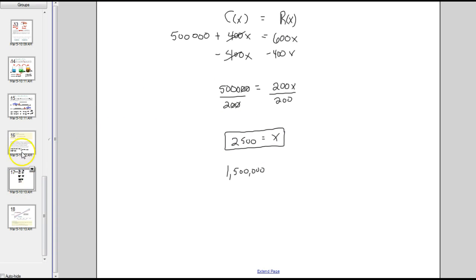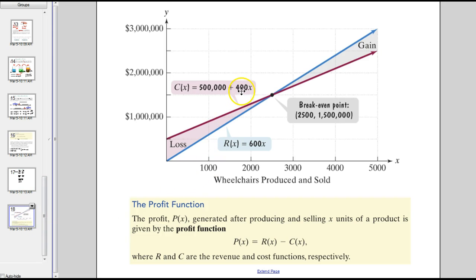Alright, now describe what it means. What does it mean when we found the break-even point? Well, in this case, it means because the slope is higher for the revenue function, if we go beyond that number, that 2,500 number, the more we produce beyond that, because the revenue had a bigger, steeper slope, now we have a gain.